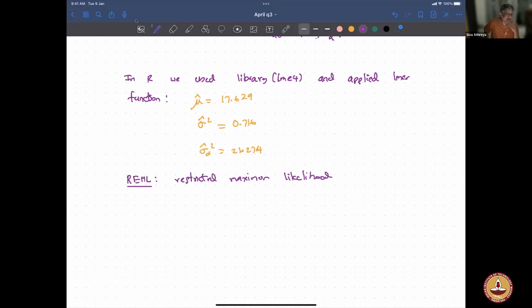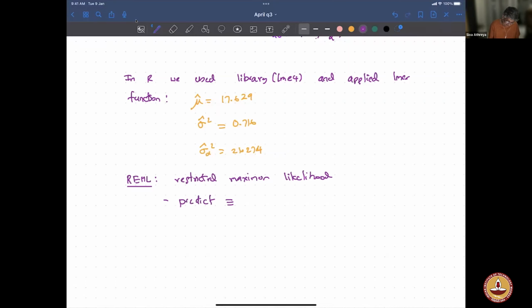And we often say we predict the random effects and estimate fixed effects and variance parameters. So what are the things we predict? We predict the random effects.